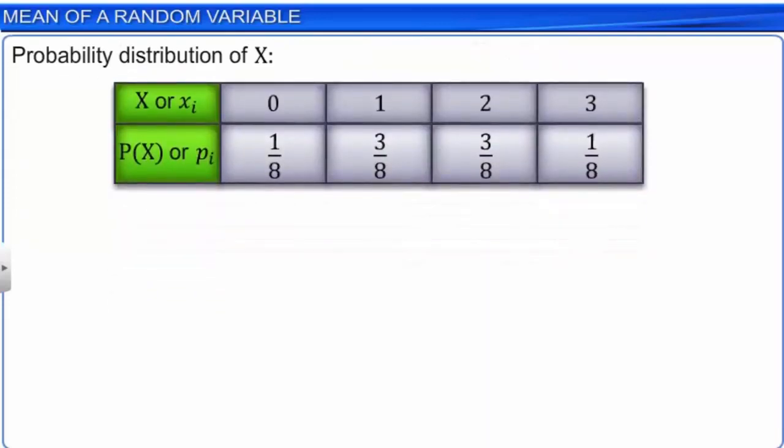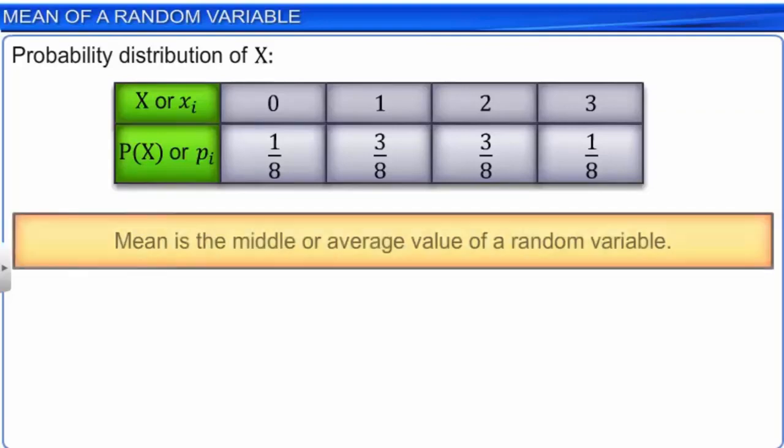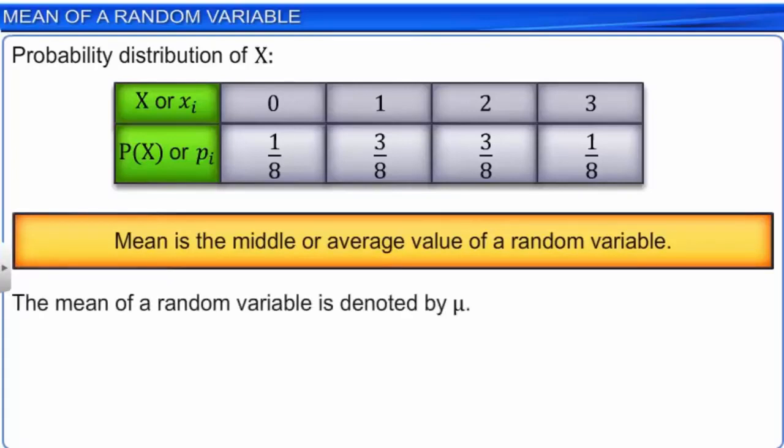Many a times, we may need to describe the characteristics of the random variable by means of a single number. Mean is such a number, which is computed from the probability distribution of the random variable. Mathematically, mean is the middle or average value of a random variable. It is denoted by the symbol mu.